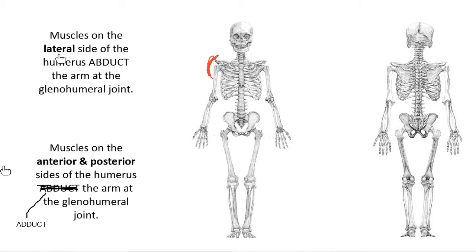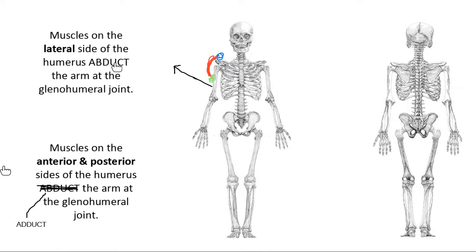It lives on the lateral side, it attaches to the outside of the humerus. When it contracts, let's draw our insertion and our origin. It pulls the entire humerus and the whole arm with it up, away from the midline of the body. When that muscle contracts to bring this insertion toward this origin, we're doing the process of abduction.